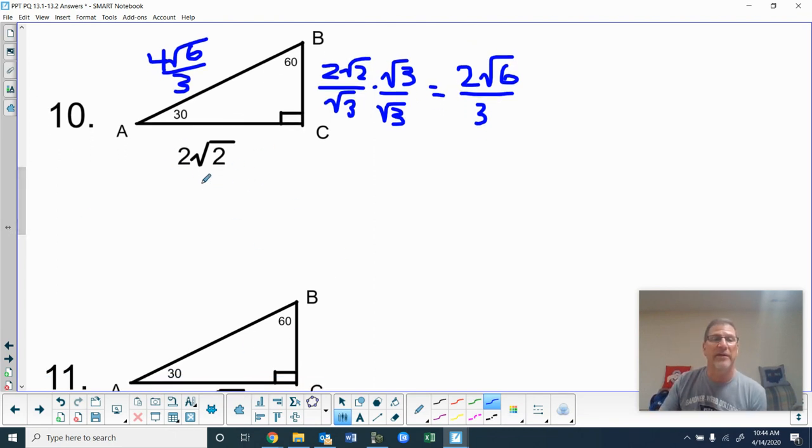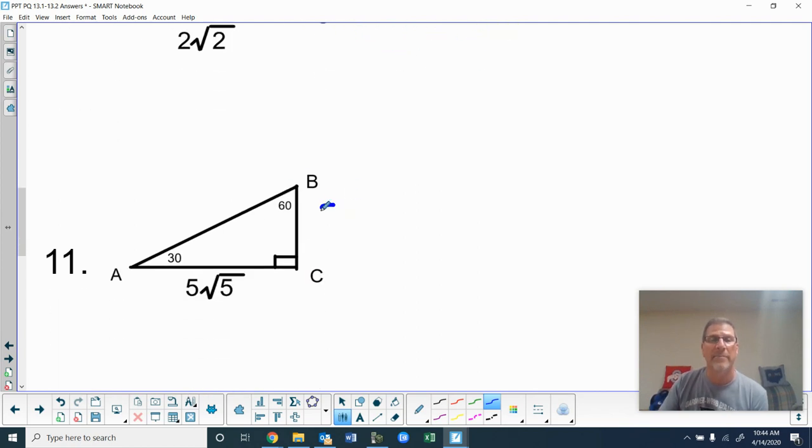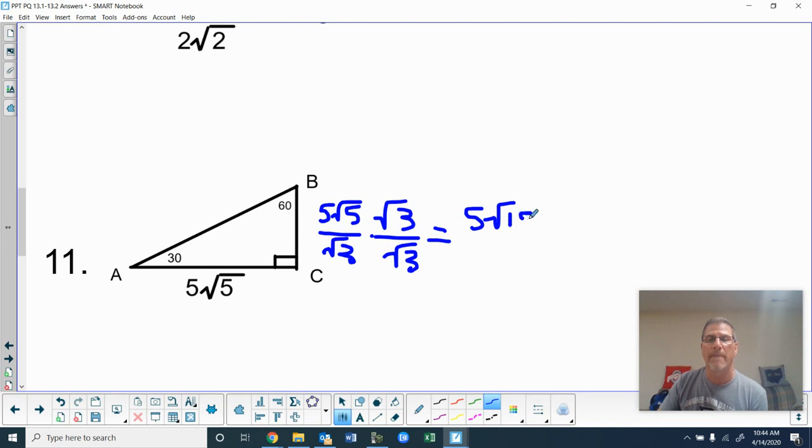But I'm just going from here, long leg to short leg, dividing by the square root of 3 again. So 5 radical 5 divided by the square root of 3. And then rationalize. And that's 5 radical 15 over 3.